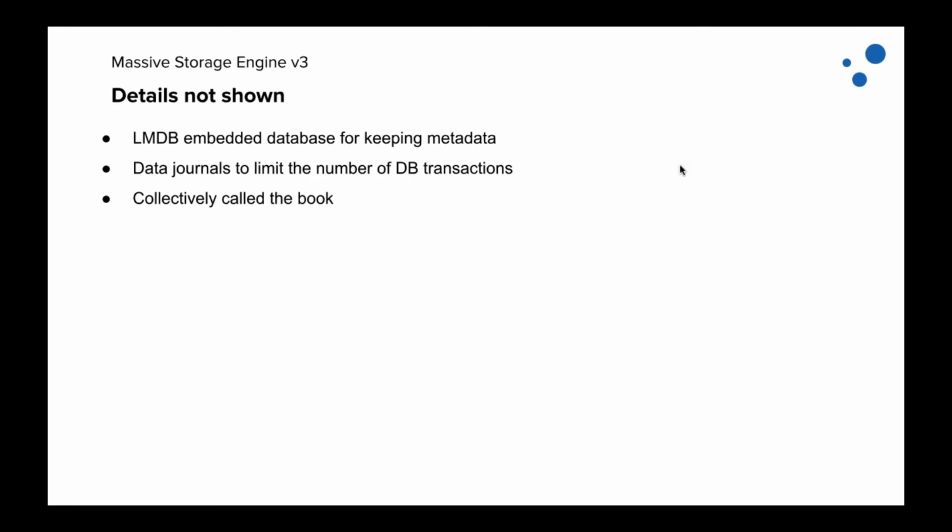So we can keep a running journal, and when the next database transaction is run anyway, we can also update things from the journal. These data structures are collectively what we in Massive Storage Engine lingo call the book. So we differentiate between the book, which is for metadata in order to keep the persisted part of the cache itself running, and the store, which is the actual data object payloads where the actual cached objects reside.